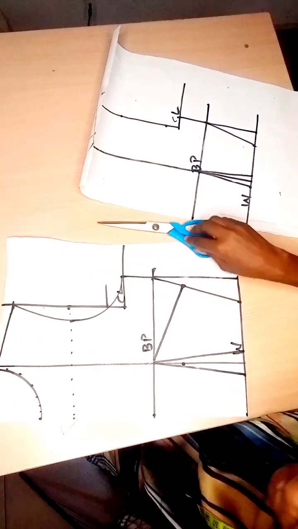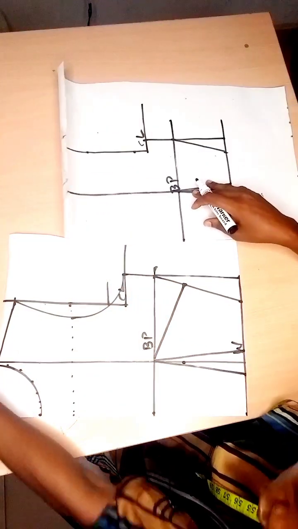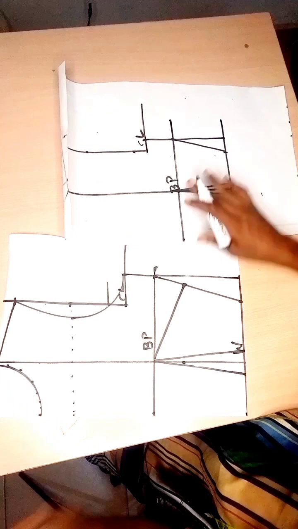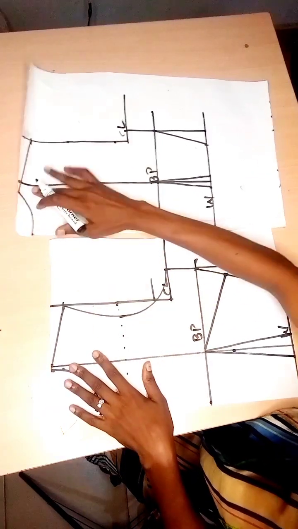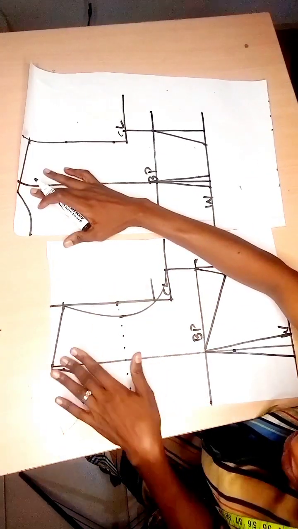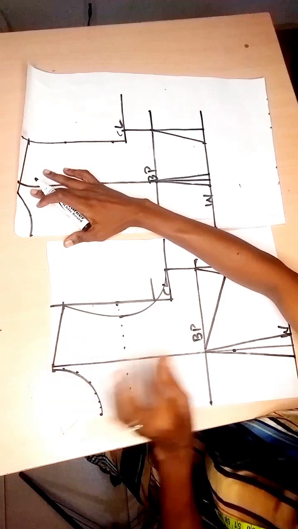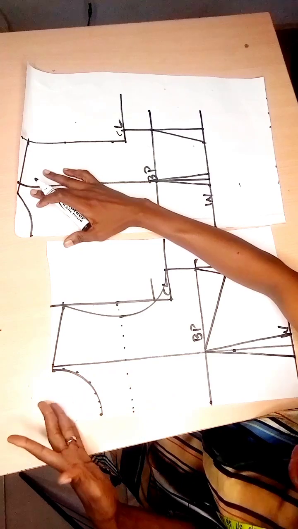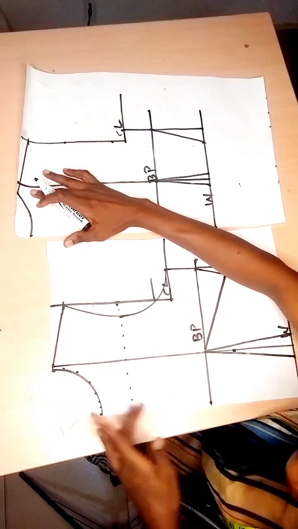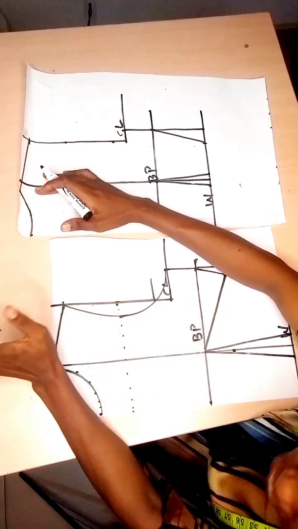Another thing I wanted to show us, I didn't remember to show us in the first pattern. Is this our neckline? If you're not comfortable with this neckline that is too small, you can alter your neckline to any measurement of your choice. You can make it 4 by 5, anything of your choice.